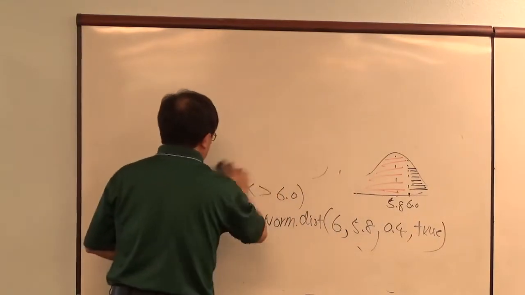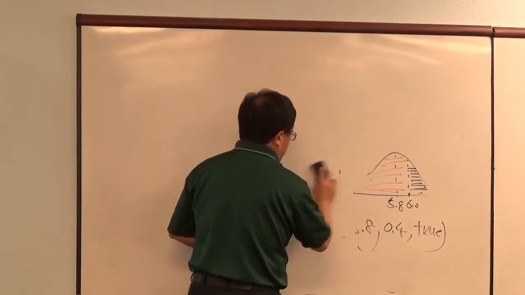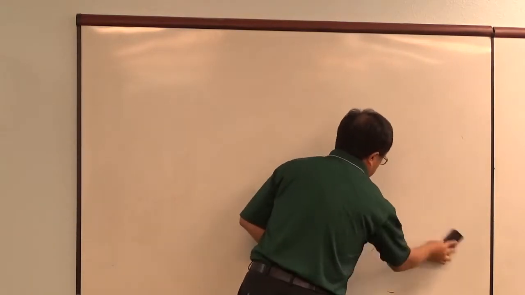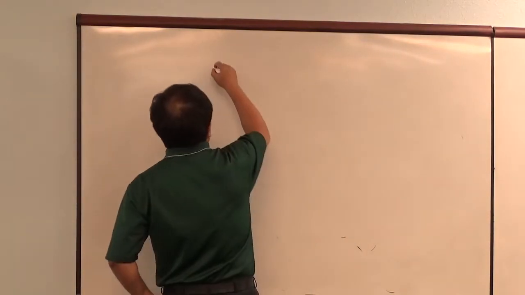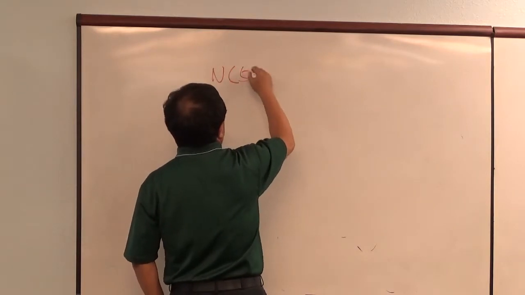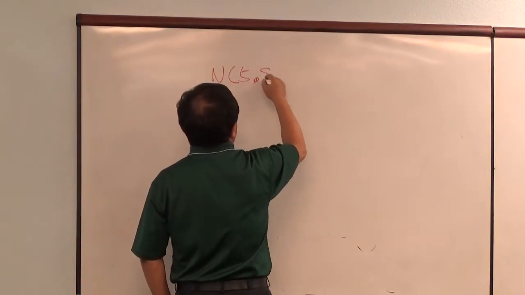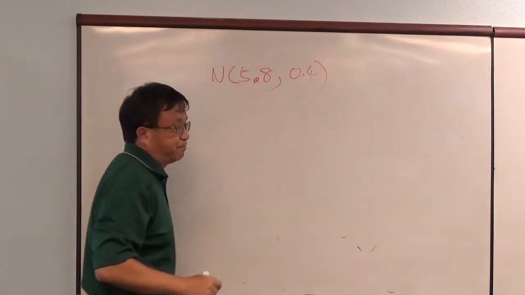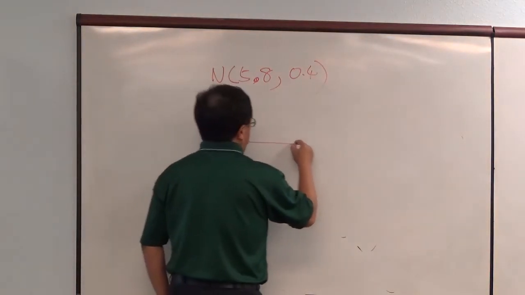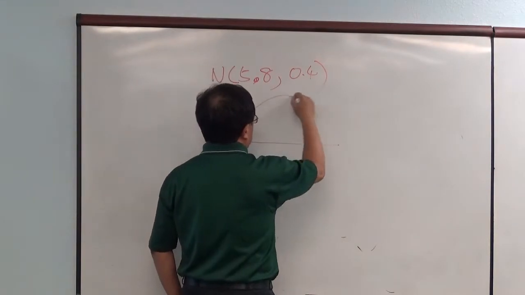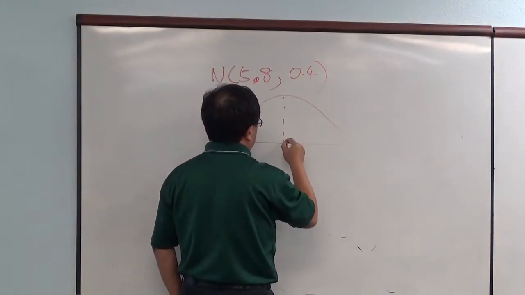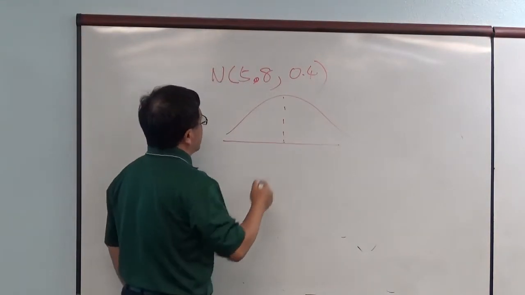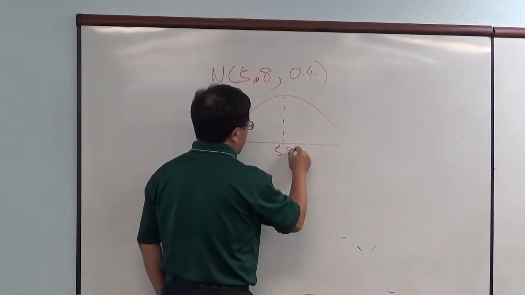So in this case, we know a normal distribution with 5.8 as the mean and 0.4 as the standard deviation. So this is the distribution, and the 5.8 is here.